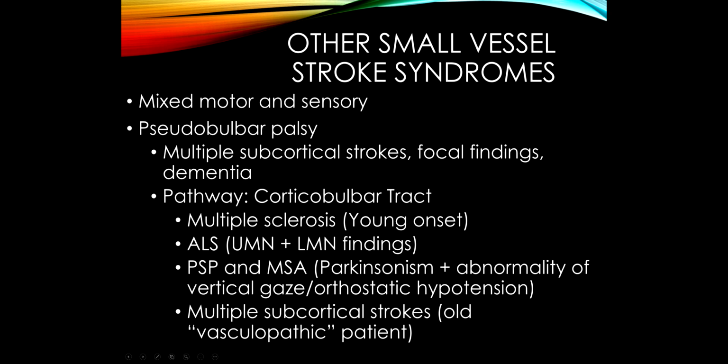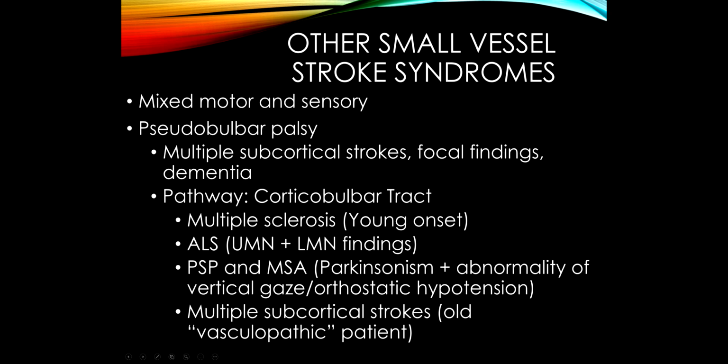The pathway you want to associate with pseudobulbar palsy is the corticobulbar tract. So here are the things that can cause pseudobulbar palsy. This first one we don't see so much anymore, but if you have just a really bad case of multiple sclerosis with a lot of demyelination of the corticobulbar tract, you could have pseudobulbar palsy. So that would be a young individual. ALS, remember you have degeneration of upper motor neurons like the corticobulbar tract. So now we have a patient with upper and lower motor neuron findings.